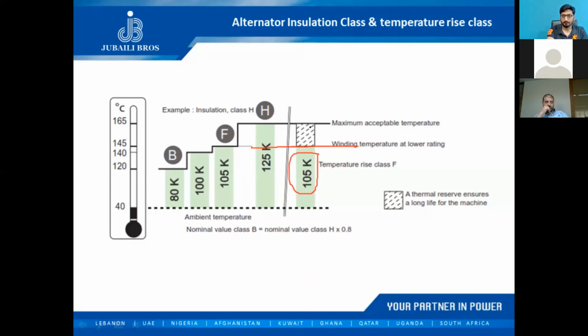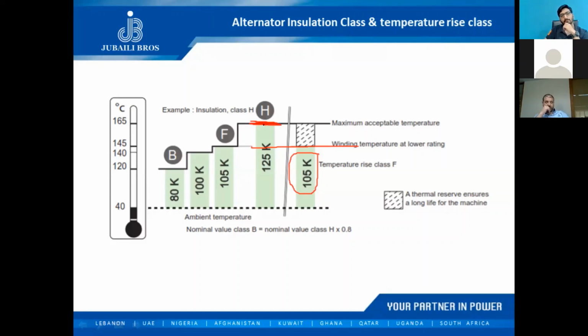What I'm trying to say, I'm going to say it in much simpler words. Let's say I have a 100 kVA alternator. If I use it at 100 kVA, at its full capacity, my temperature rise class would be H. There's no thermal reserve, okay? I'm reaching my alternator's power output limit.